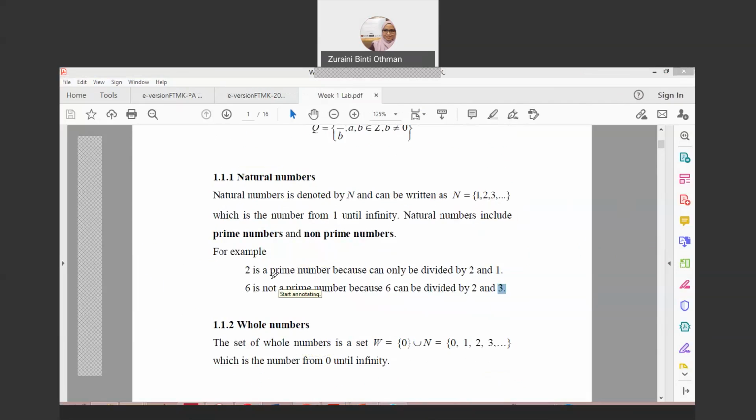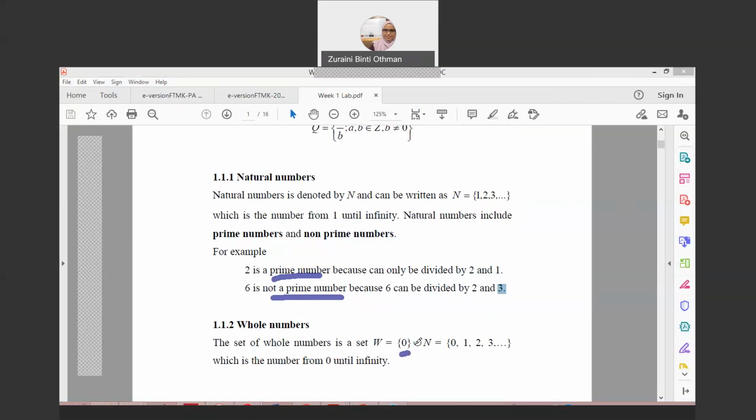Okay, meaning that here natural number, inside the natural number we have the prime and not a prime number. Jadi in a whole number it includes 0. So 0 is not a prime number because prime number is in the natural number, but 0 is something in whole number.